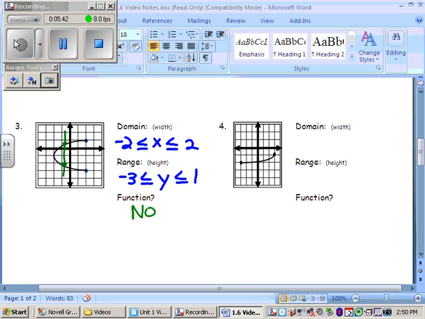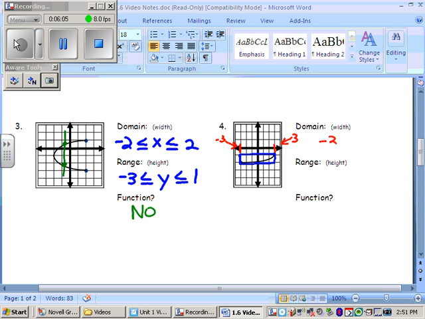In the last example, we will again draw a box around our graph. And then in this case, if we look at what the boundaries are, the horizontal boundaries or our domain, it would be at negative 3 and positive 3.